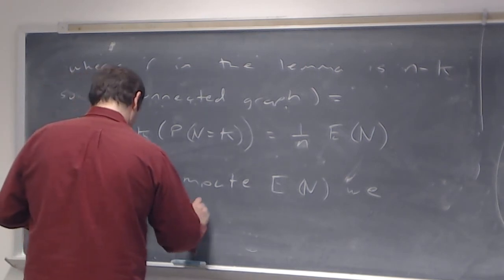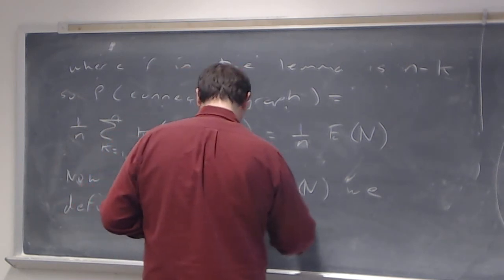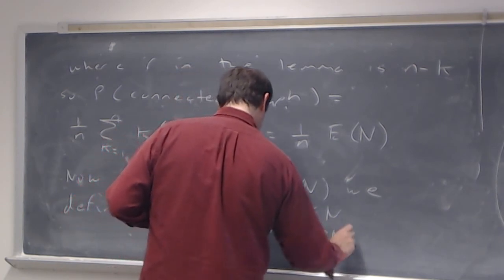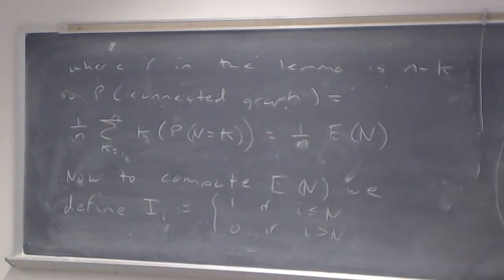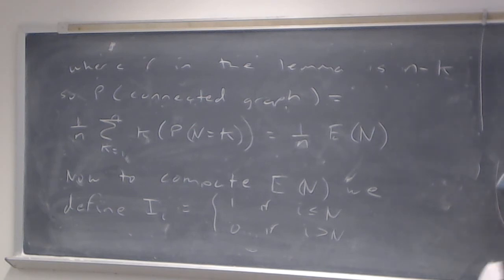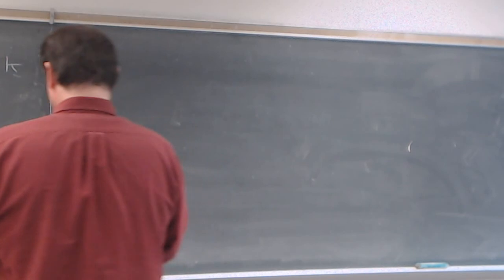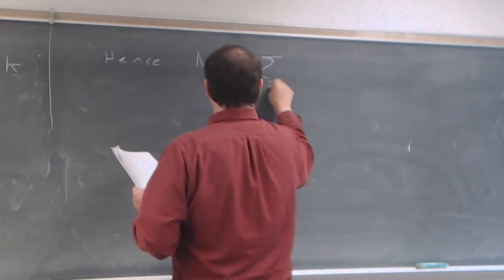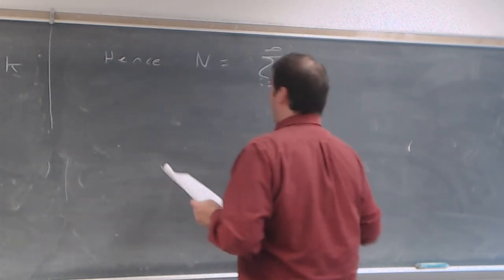It's equal to 1 if i is less than or equal to N, and it's equal to 0 if i is bigger than N. Hence, when we talk about N, it's nothing more than the sum as i runs from 1 to infinity of I sub i.